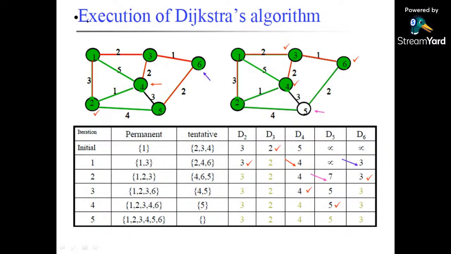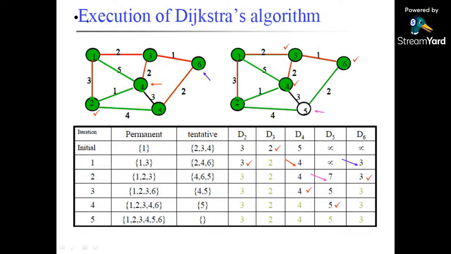Out of which the smallest cost is of 3, so we make 3 permanent. Now from 3 again we find the tentative nodes, that is 2, 4 and 6. The value of 2 is 3, the value of 4 is 4 and the value of 6 is 3. Out of which the minimum cost is 3.